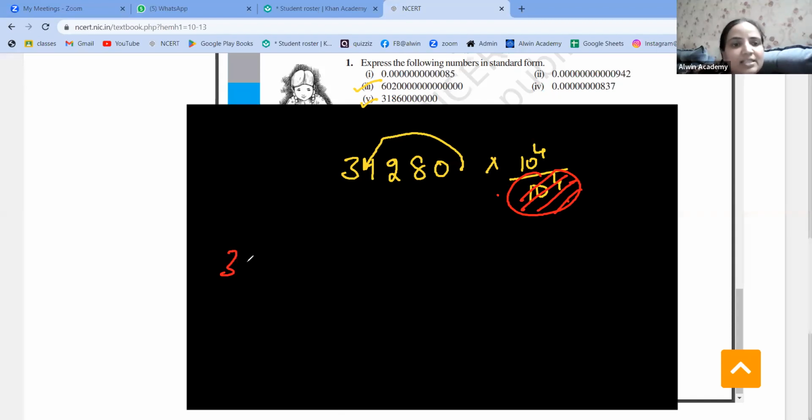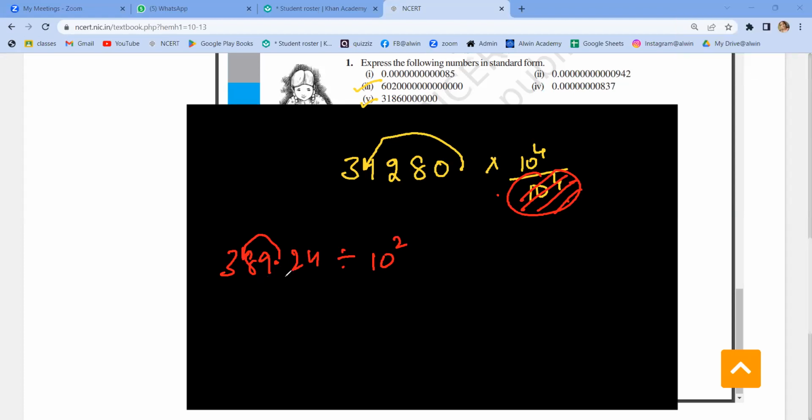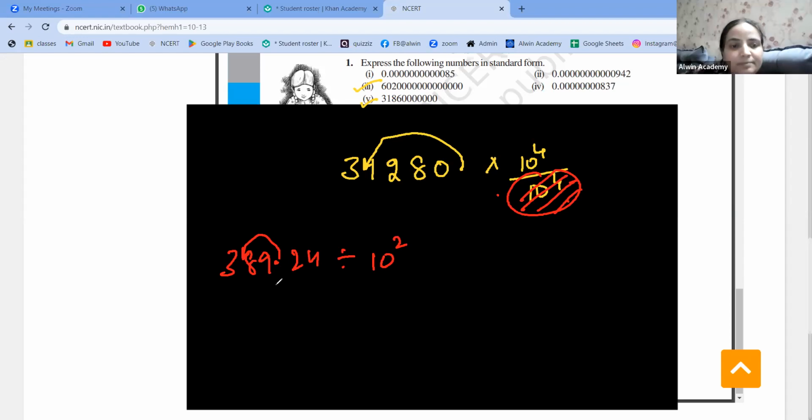As in, if I say this is 389.24 and I divide it with 10 to the power 2, then only this point will move 2 steps to the left, right? Getting it or not, beta ji? Yes, ma'am. So that means the division wala 10 is used up in moving the point left. So this is used up. This is finished.